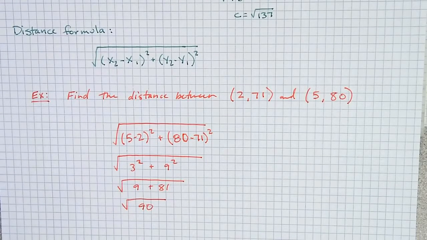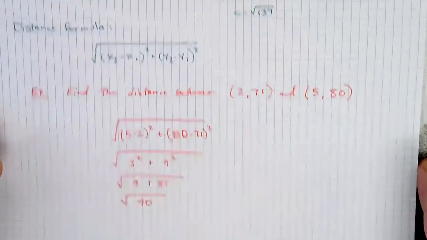And we just simplify from there. 3 squared is 9, 9 squared is 81. Add them together, you get 90. So you get the square root of 90 as your distance between those 2 points.